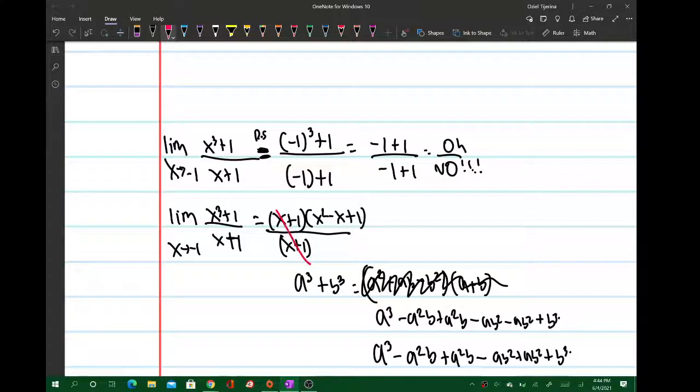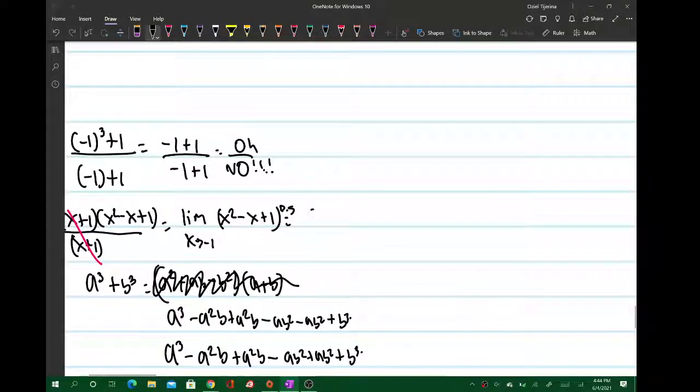So we know that these two cancel out, and this is equal to the limit as x approaches negative 1 of x squared minus x plus 1. And so by direct substitution, we get negative 1 squared minus negative 1 plus 1, which is equal to 1 minus 1 plus 1. Or actually, hold on, 1 plus 1 plus 1, which is equal to 3.